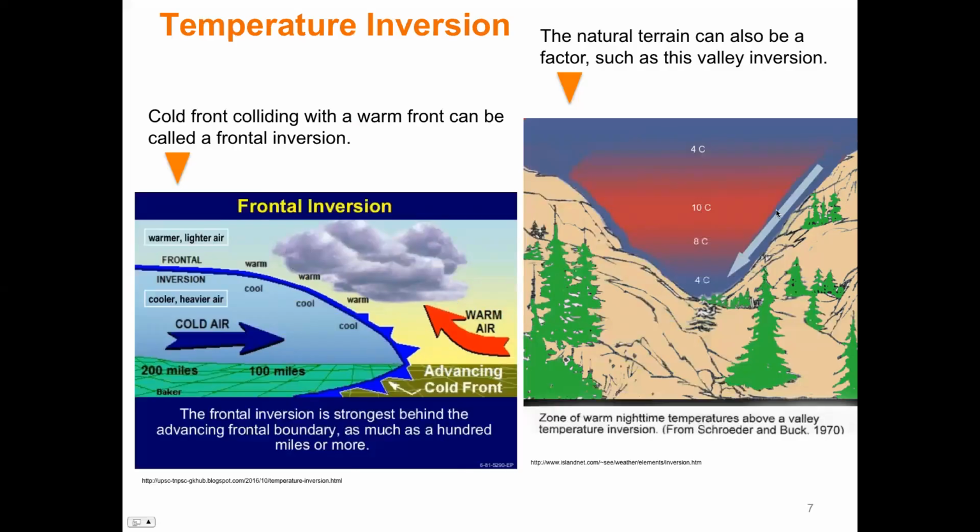Or topographically, you can have valleys and cities in the bottom of the valley, and they can have colder air trapped underneath as warmer air comes in from other places, all right? And this is an example of that. Nighttime temperatures above the valley cause a temperature inversion, all right?